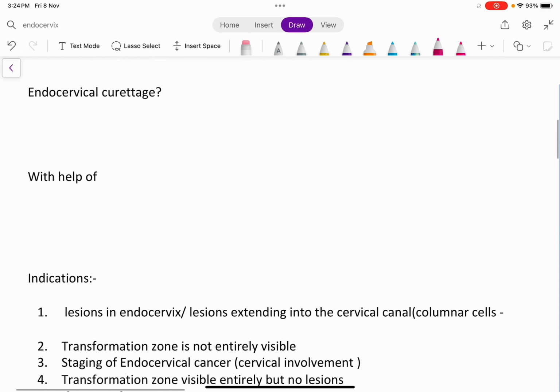Is that clear? Yes. So now while discussing about the endocervical curettage, I told you in order to take samples from the endocervix with respect to certain indications, this procedure is called as endocervical curettage, where you're going to introduce an endocervical curette and you're going to scrape whatever tissue has been present in the endocervix and send it for histopathological examination, right?